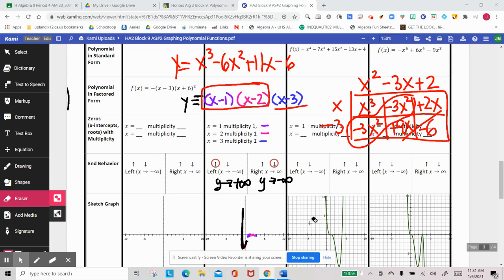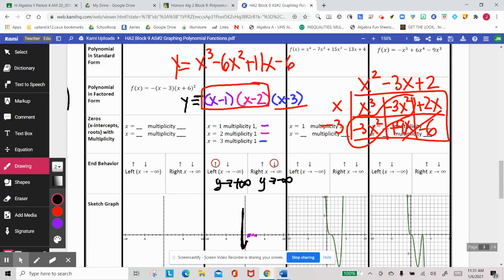All right, I knew I made a mistake on this problem. I told you that it started with a negative, and silly me, what did I forget to write? I put it right here on the factored form, but I forgot to put it in the standard form. So since it starts with a negative, negative means to switch all the signs.